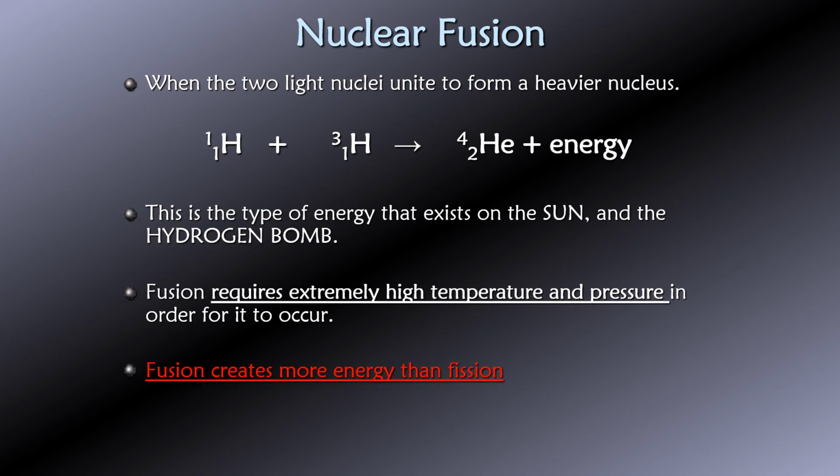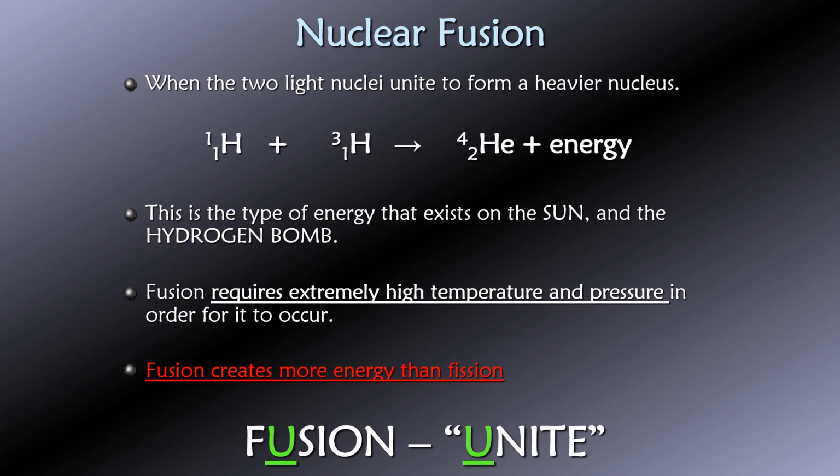But remember that nuclear fusion produces a lot more energy compared to the fission reaction. The uniting of two things and releasing of energy is a lot more compared to one thing breaking into two. And one way to remember that fusion means the uniting of two lighter nuclei is that fusion has a U, just like a U in unite.